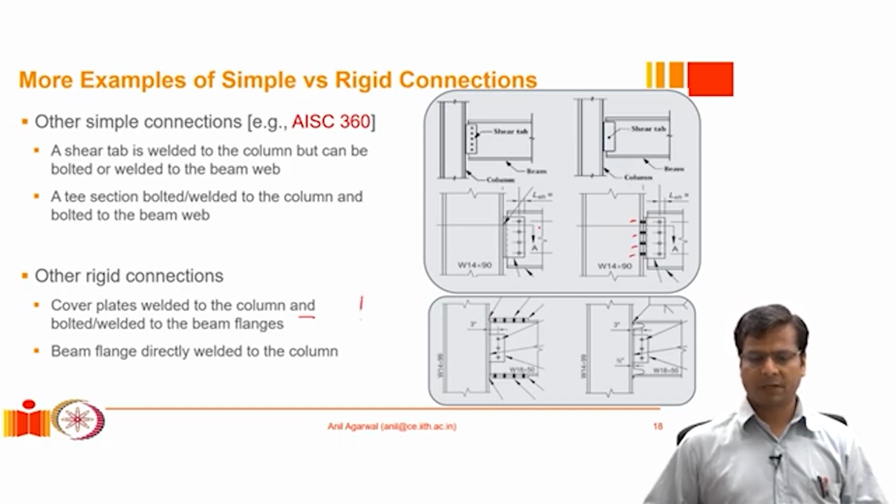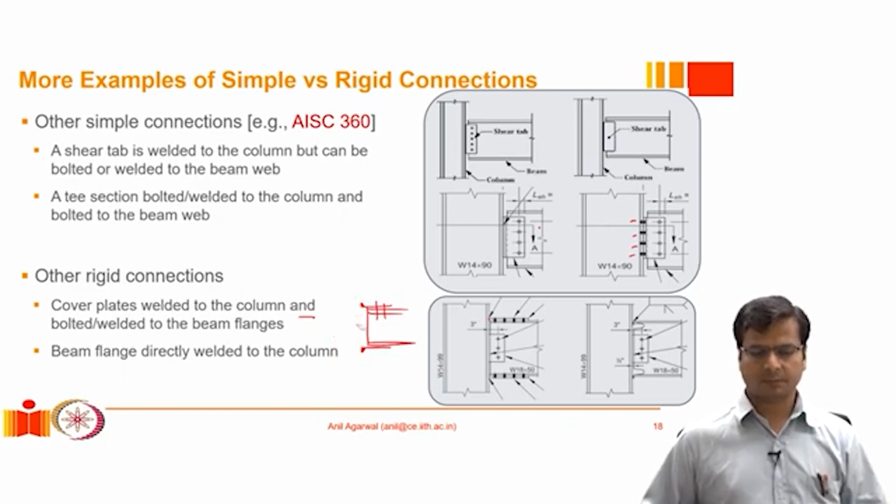So instead of having a T-flange above and below, which we had seen before, where the beam's top flange was tied to a T-stub and the T-stub itself was welded to the column, we can simply put these cover plates, typically welded only, welded to the column plate, whichever plate is there in contact.